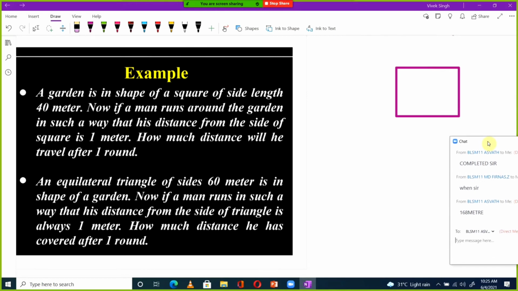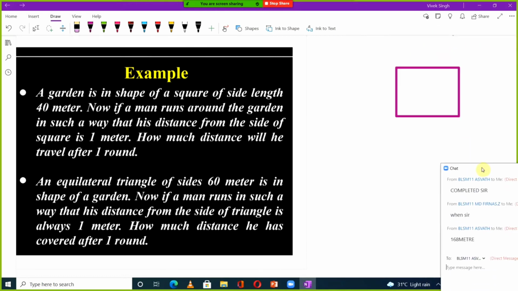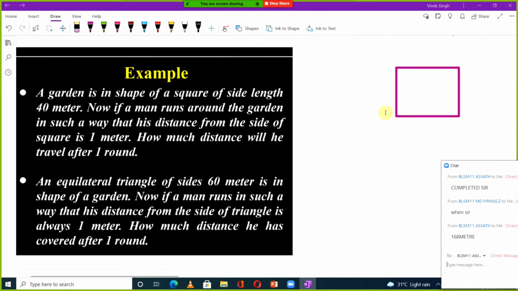Anyone else? Firnas, 168. Okay. 164, Rohit.